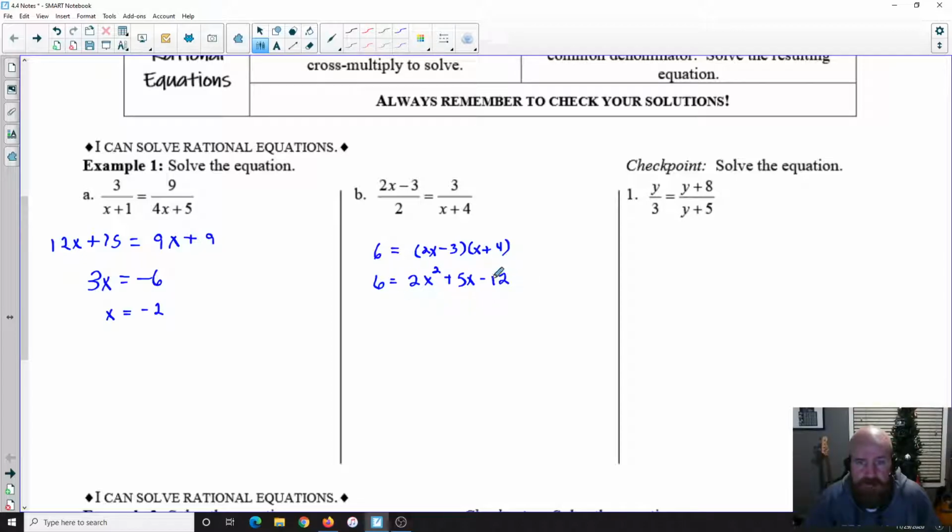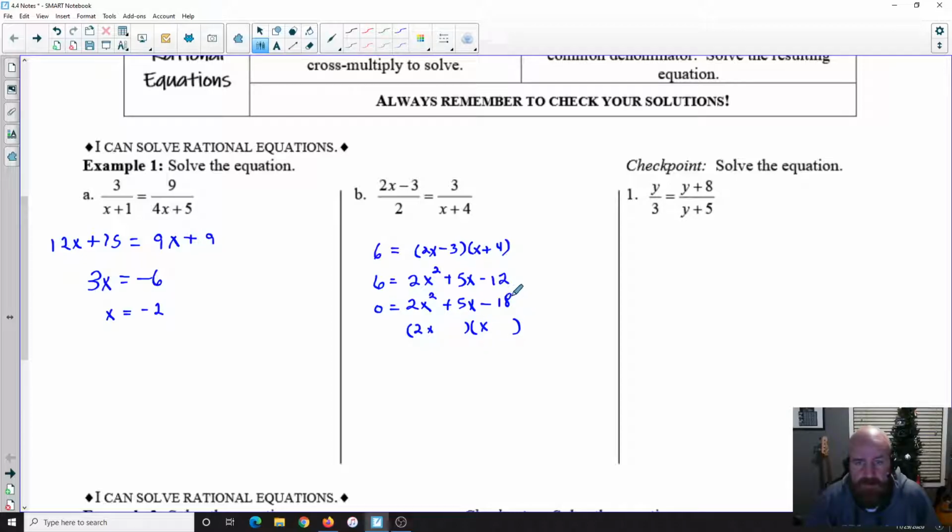Now we go ahead and get the 6 to the other side. We want everything equal to 0 because we have a quadratic now, and we'll be able to solve that. So we're going to subtract 6. Then we factor. We have 2x times x for our first terms. And then we need to figure out what would work here.